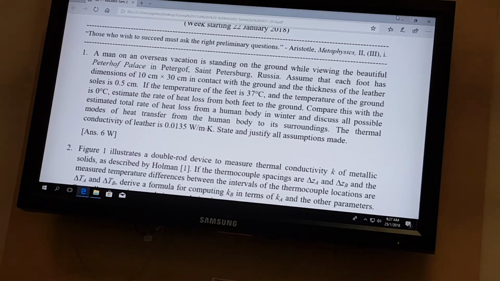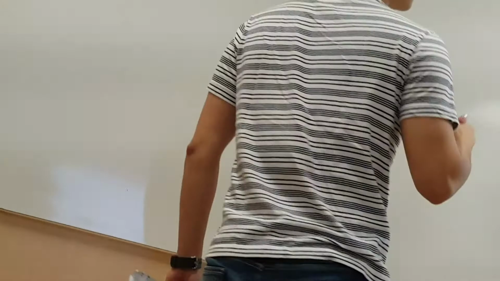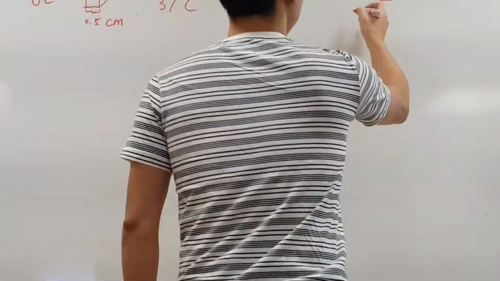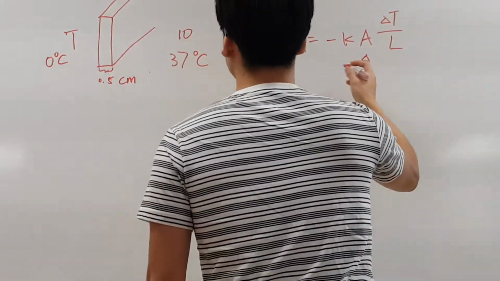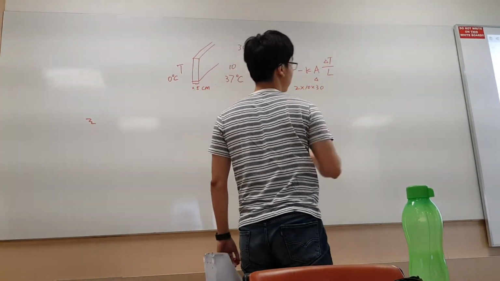So it's a simple Fourier's law in a way: Q dot equals k times A times delta T over L. And for the area, we just take 10 times 30 times 2, because it's both feet.